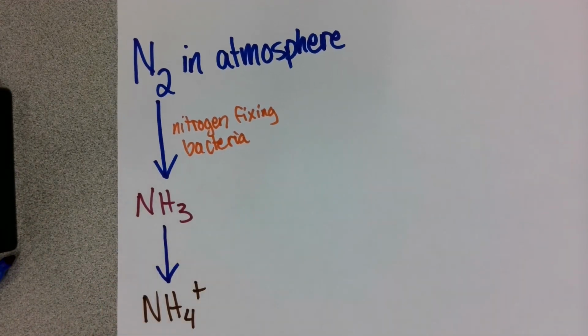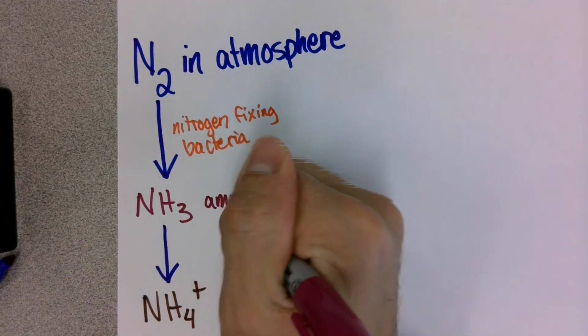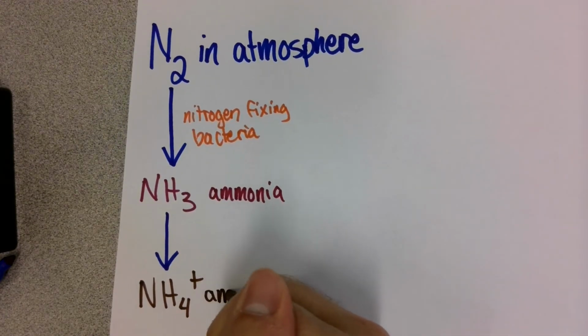Just a recap for you: NH3 is ammonia, and NH4 plus is ammonium.